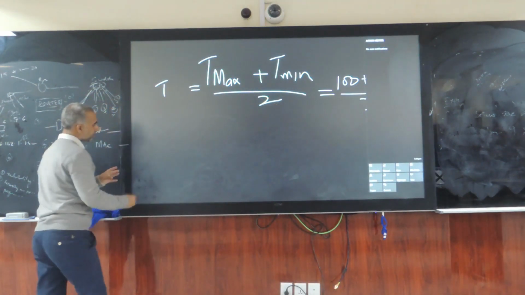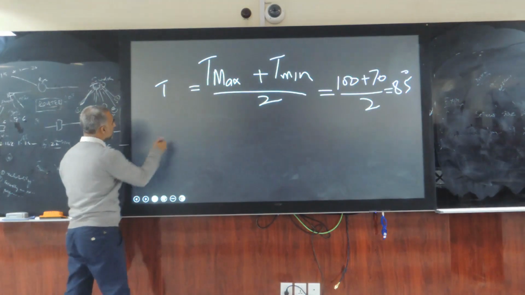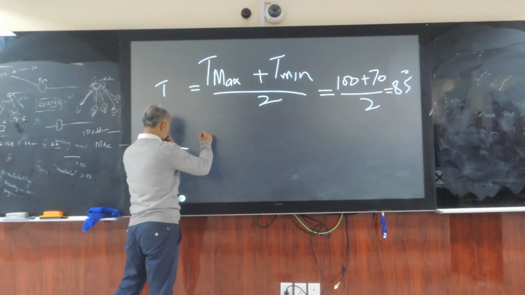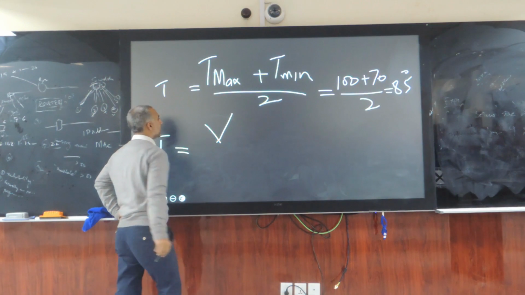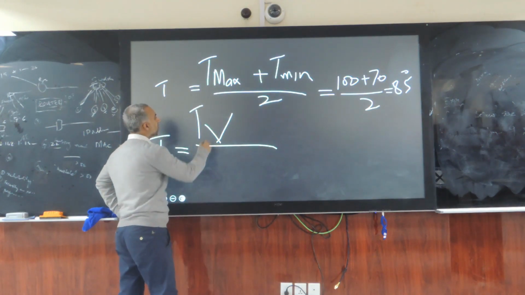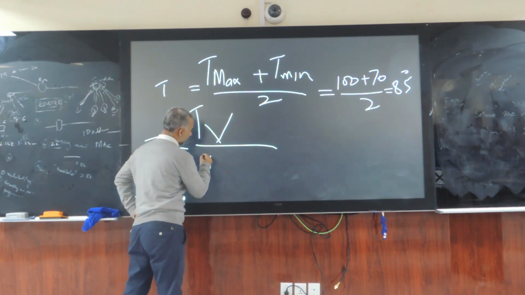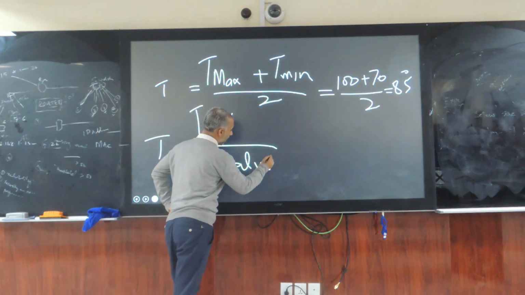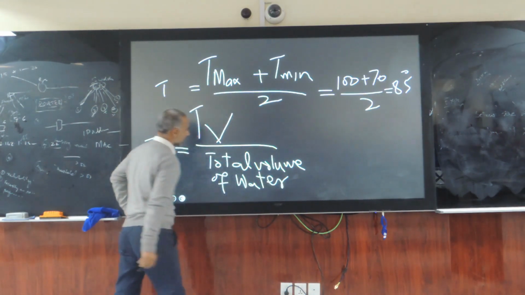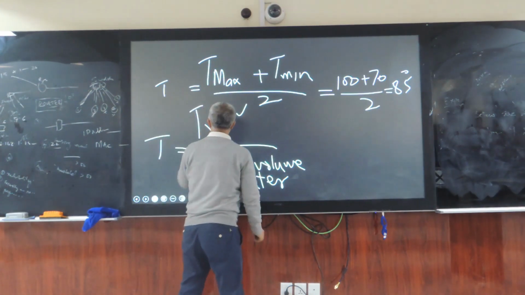The other way to determine the temperature can be done with the help of temperature and volume, with the given condition, and here the total volume of water in the bowl.